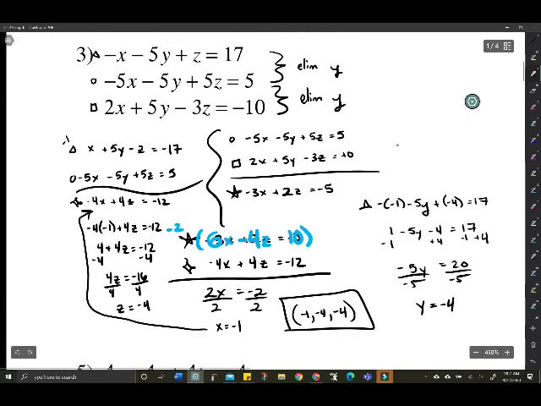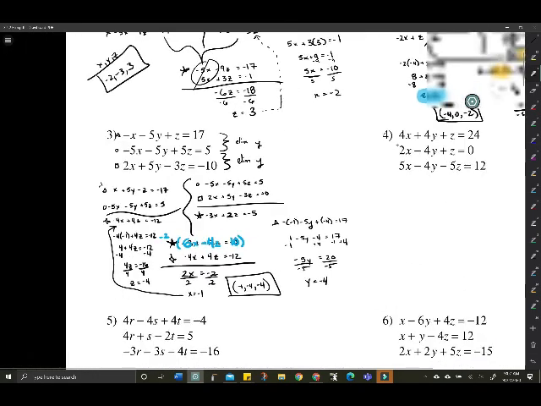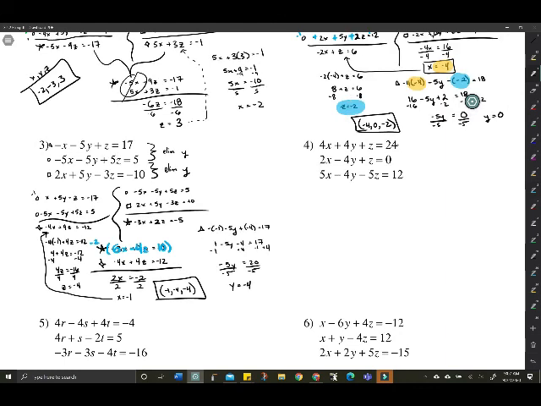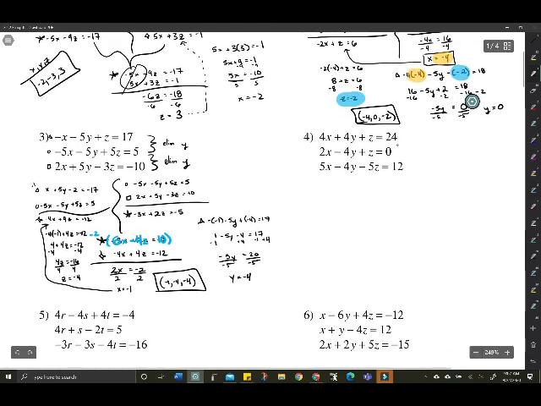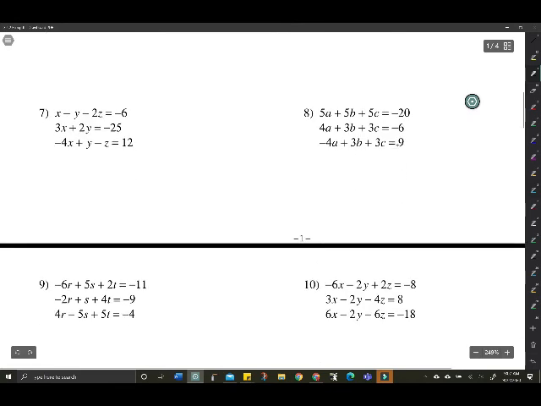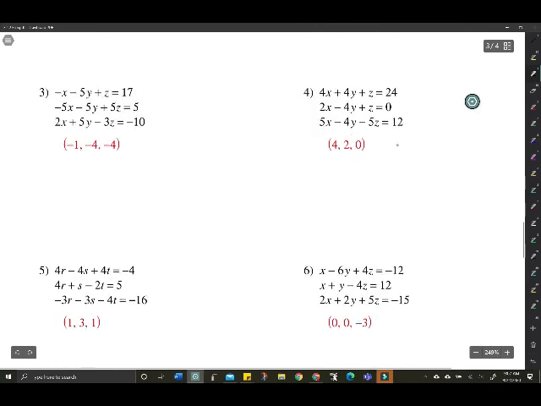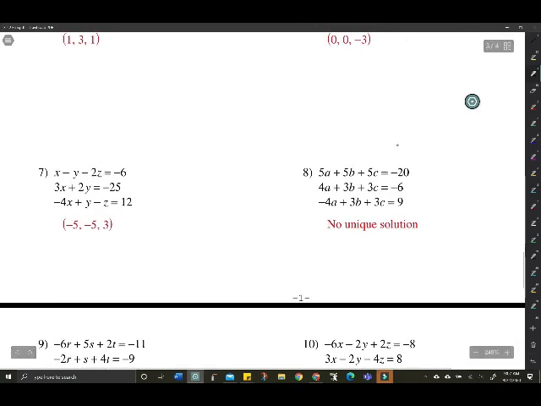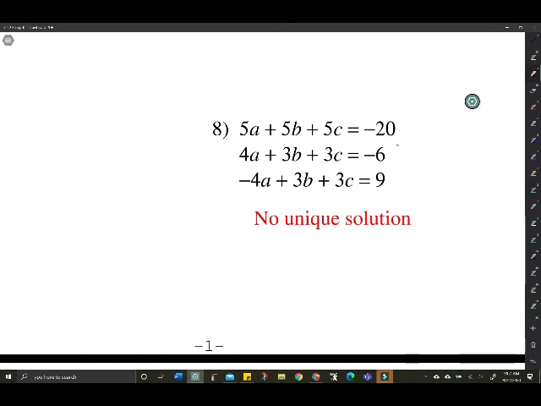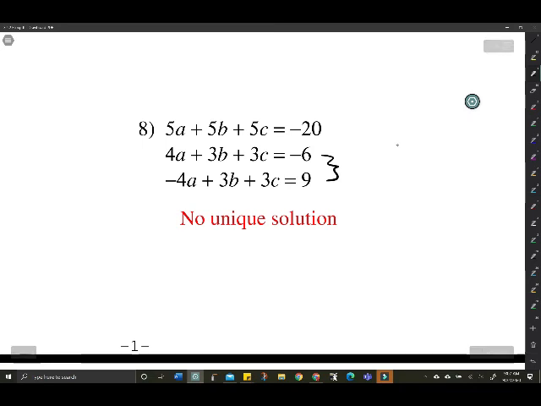Okay. One last thing I want to remind you guys of. So those are some extra, there's a lot of extra practice problems here to go through. Okay, if you keep going down, and I do have the answer keys shared for you. You might get to a problem that has no unique solution. So as you try number 8, if we go to eliminate A, I see that a few things cancel.